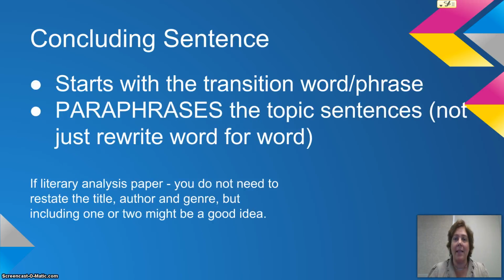Now we're on to our last box on your graphic organizer that says concluding sentence. A concluding sentence starts with a transition word or phrase. It should paraphrase the topic sentence, not just rewrite it word for word. If this is a literary analysis paper, you do not need to restate the title, author, genre, but including 1 or 2 might be good. Again, we're paraphrasing what that topic sentence said.